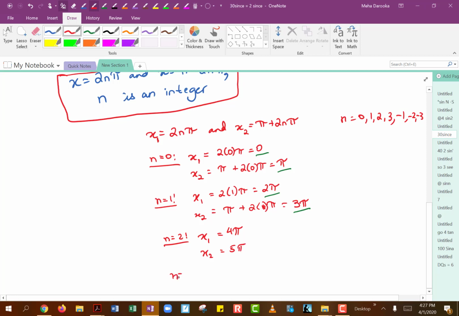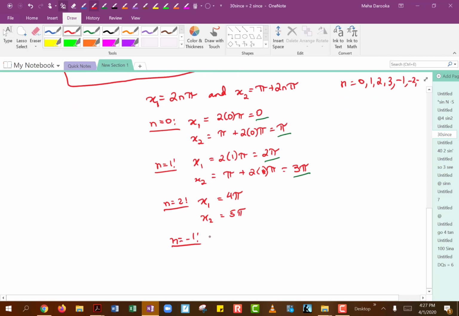And then if you switched to negative n values, you would end up getting x1 as negative 2 pi, and x2 would end up being negative 2 pi plus pi, so he would end up being negative pi.